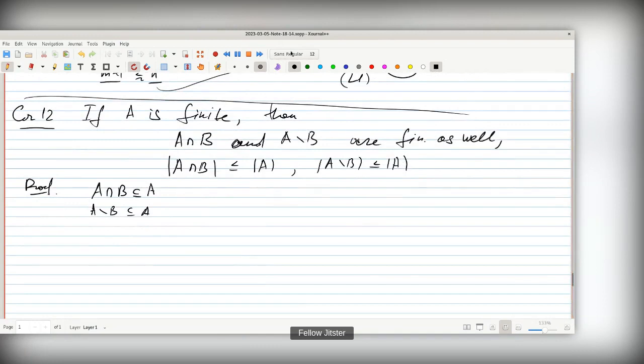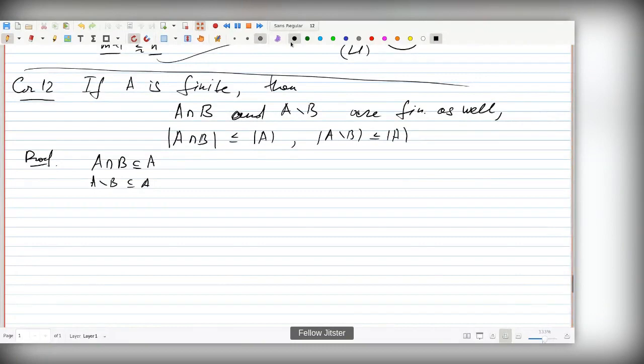So look, ladies and gentlemen, we proved that two operations, namely intersection and difference, subtracting a set, do not lead us out of the world of finite sets. The difference of two finite sets, the intersection of two finite sets are also finite, always.